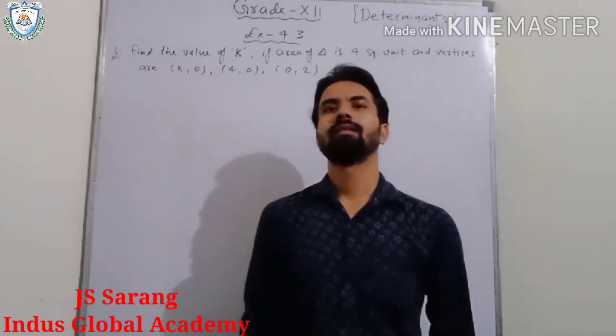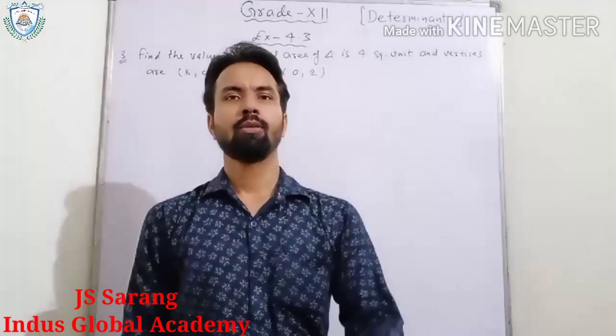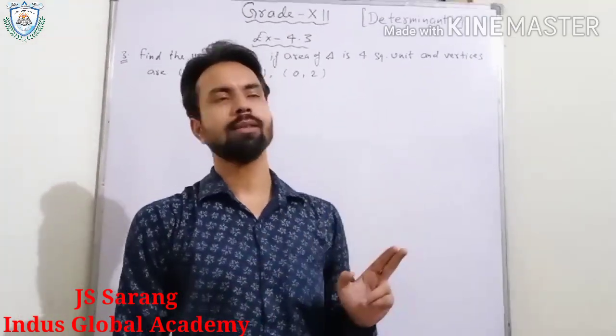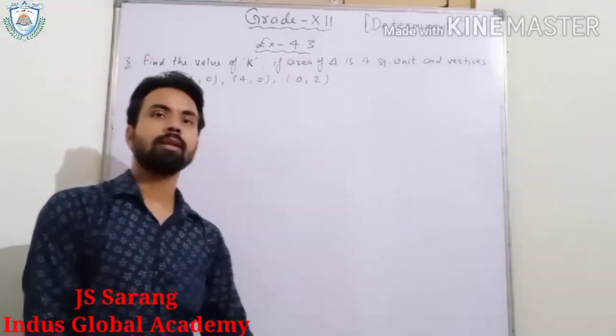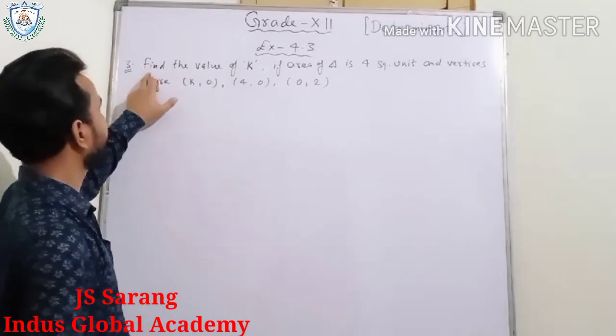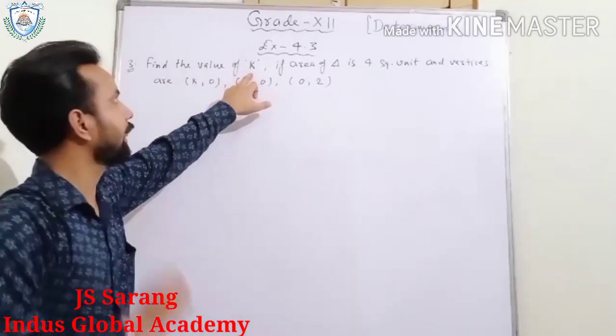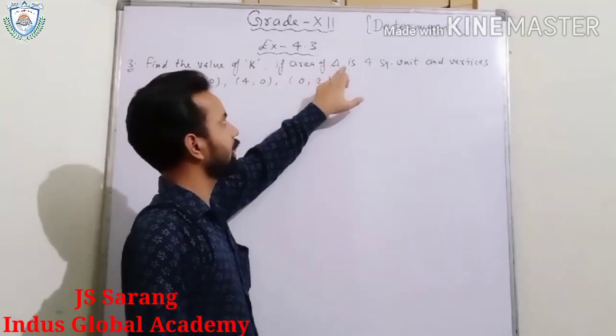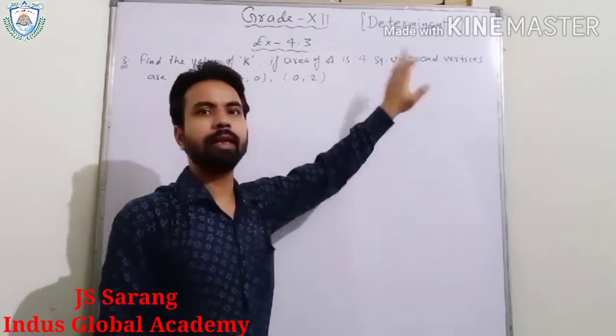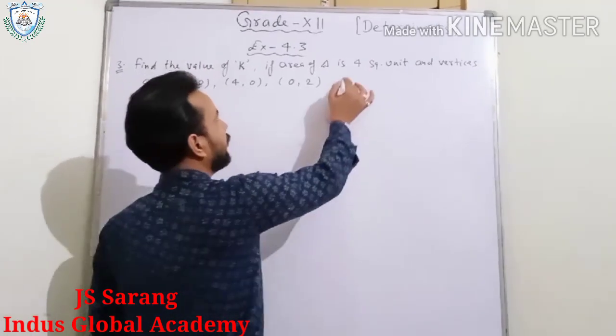Okay students, now I am going to explain question number 3 of exercise 4.3. The third question is saying, find the value of K if the area of the triangle is 4 square units. Here the area of the triangle is given.